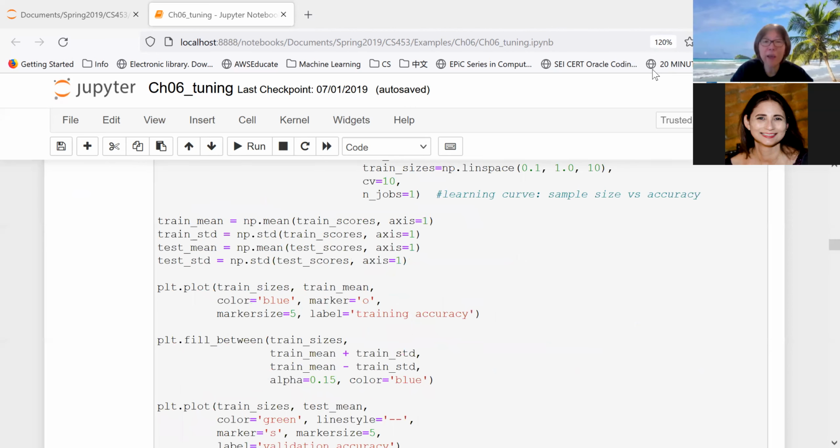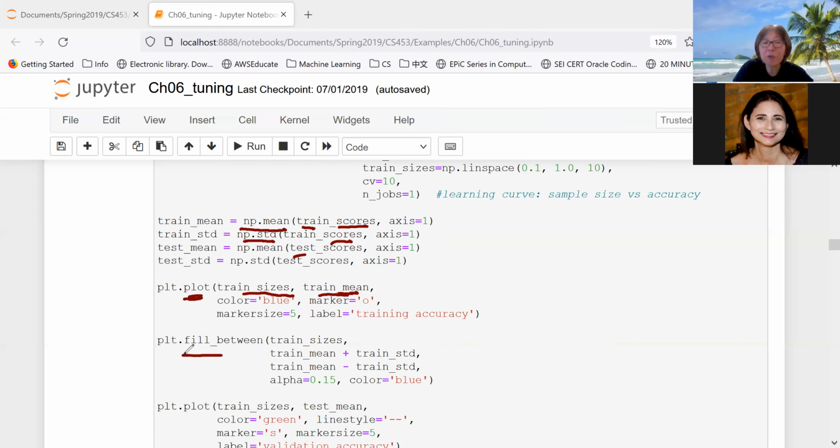And over here, we are also going to find the mean and standard deviation of the scores for both training and testing. Then we do the plot.